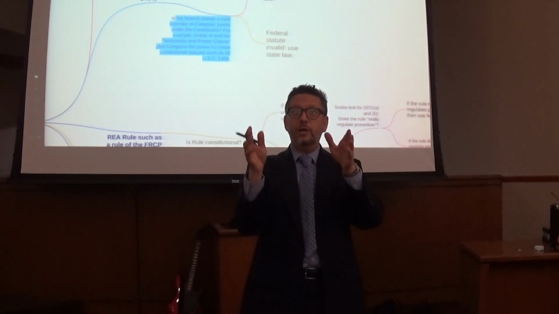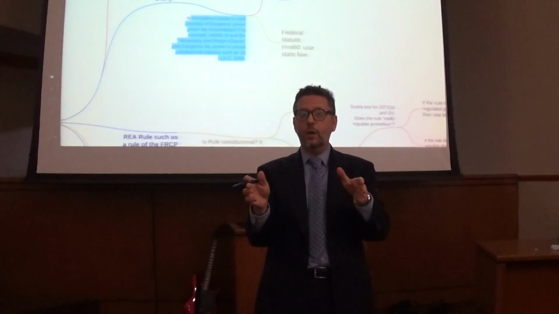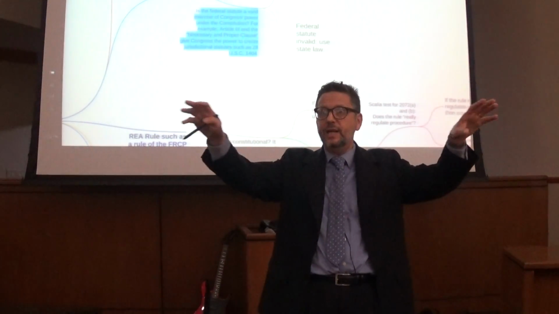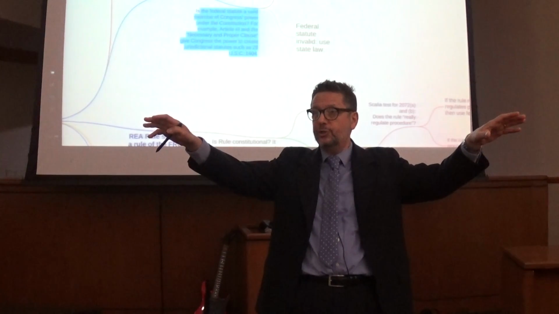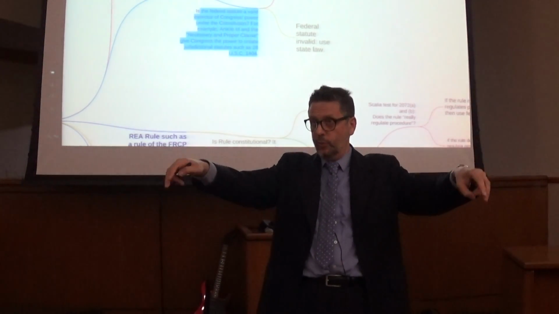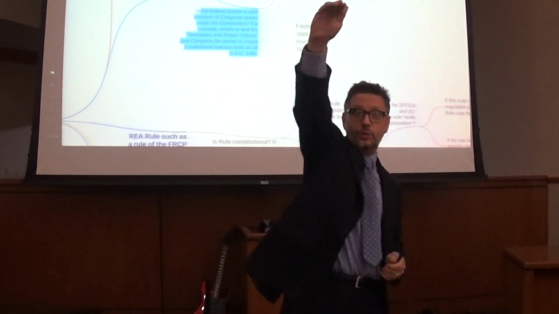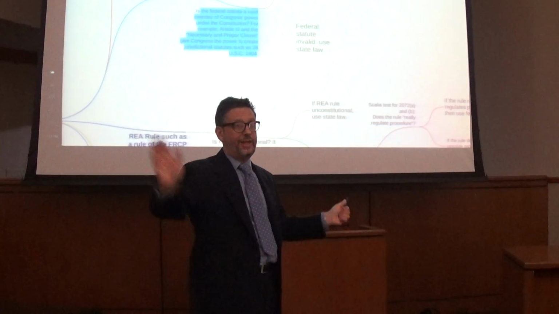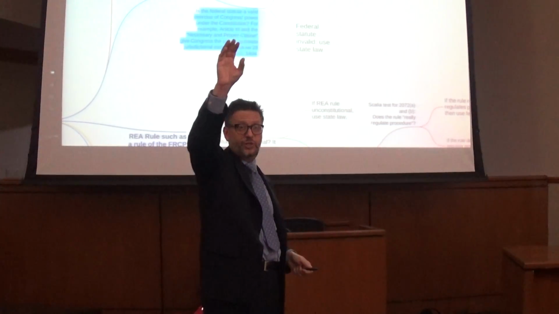If a congressional statute on procedure is arguably procedural, that's the end of the analysis. It's constitutional, within Congress's power. And if the federal statute directly conflicts with a state law, that's the end of your analysis. You use the federal statute.